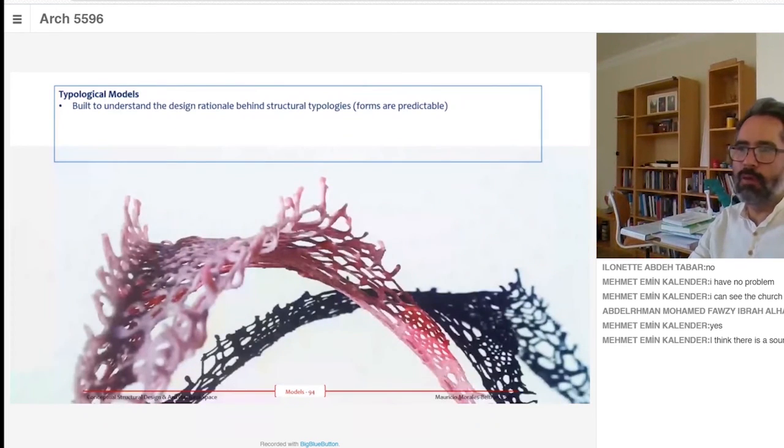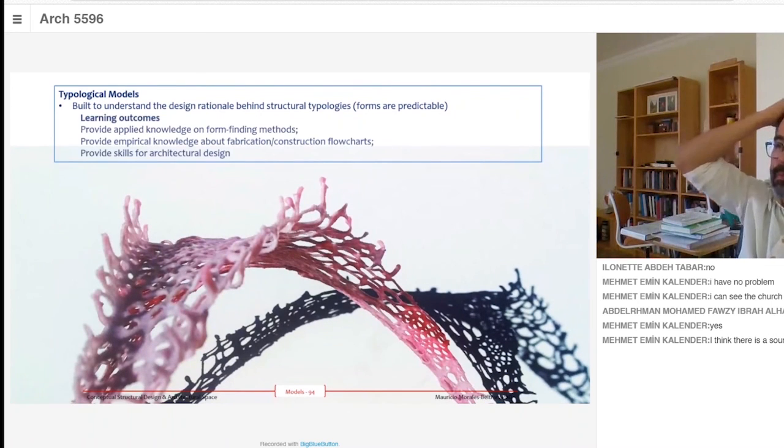And there are typological models, which we make to explain the logic or the rationale behind certain structural typologies. The best example is this one that explains the funicular shapes. These are the best models, like hanging chains for this one.